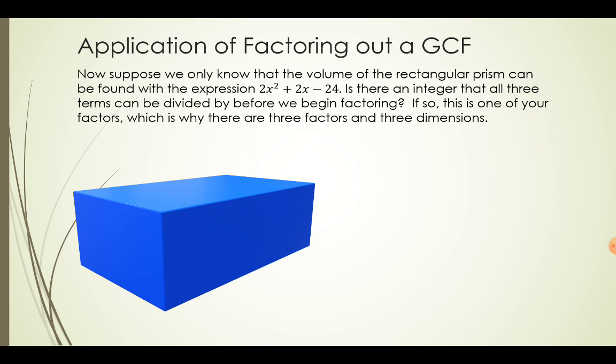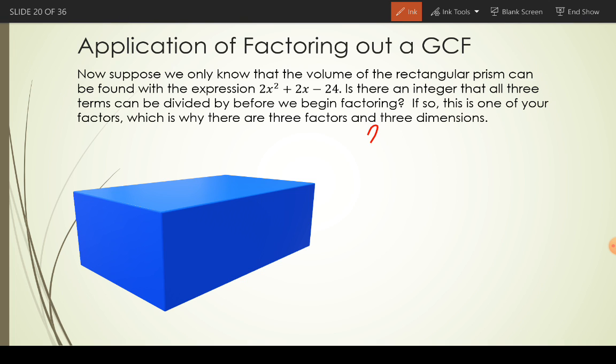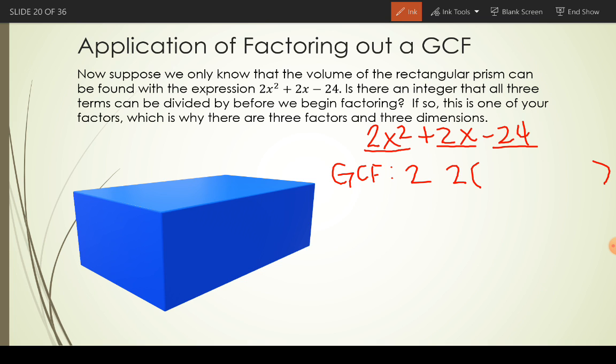So, for instance, if I wanted to factor 2x squared plus 2x minus 24, the GCF here, that means what I can divide 2x squared and 2x and negative 24 by, would be 2. So when I take out a 2, I'm going to write that on the outside of my parentheses, and I'll write what's left inside.